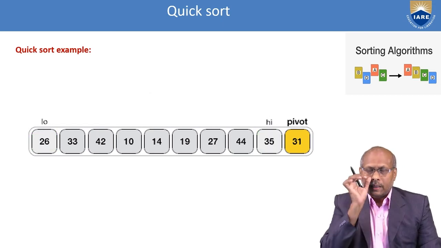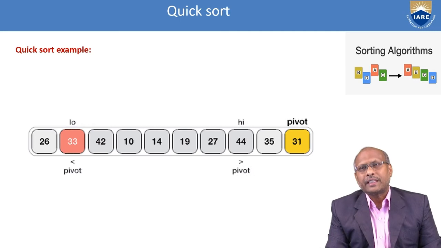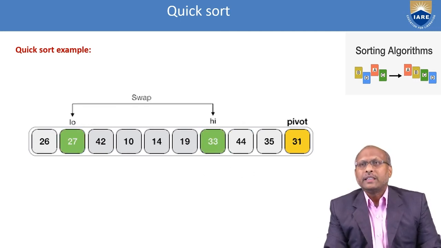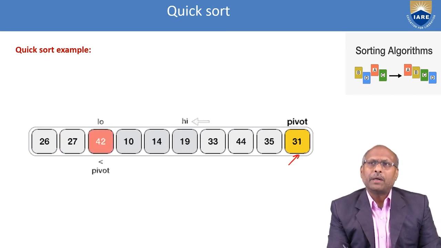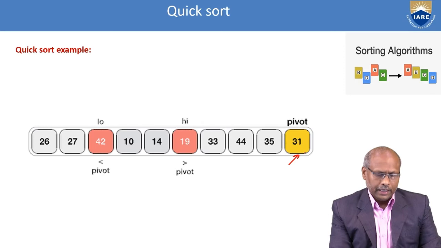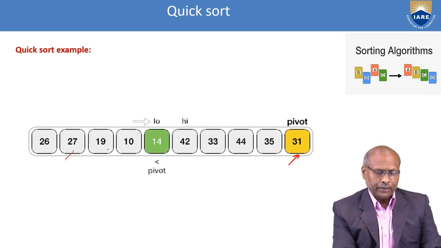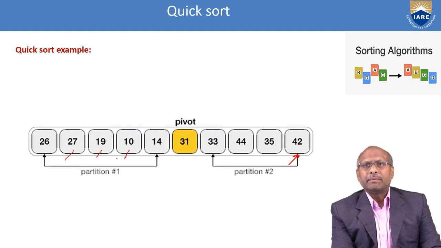Now, here, the procedure is to always keep on checking from left to right as well as right to left. First left to right, then right to left, because you have chosen the last element as the pivot. Please observe here, 31 is the pivot. It is checking: 26 is less than pivot, 27 is less than pivot, 19 is less than pivot, 10 is less than pivot.